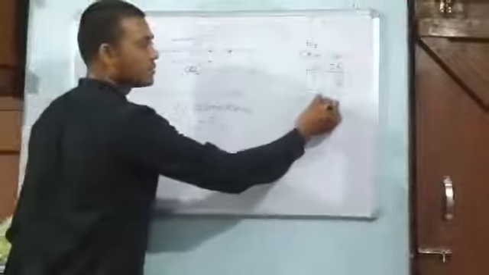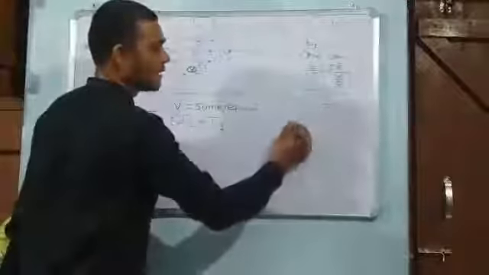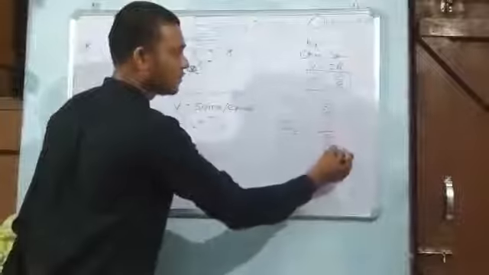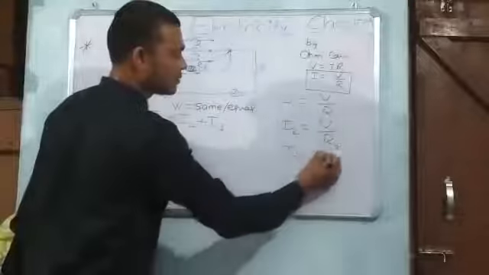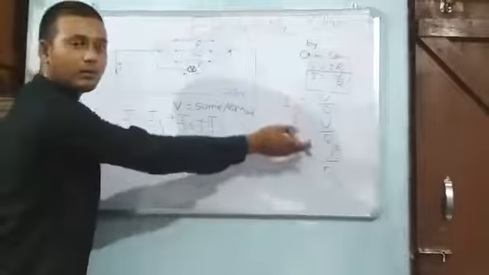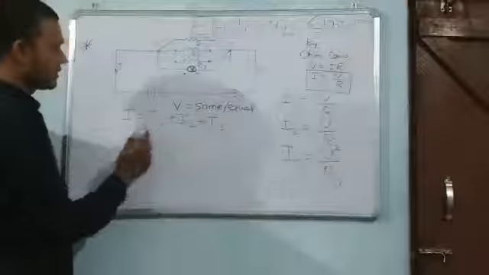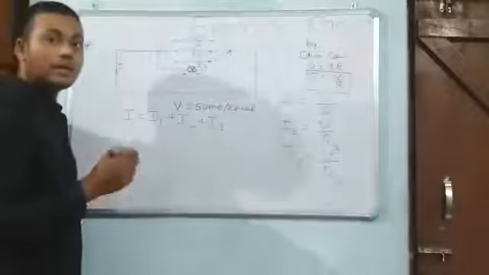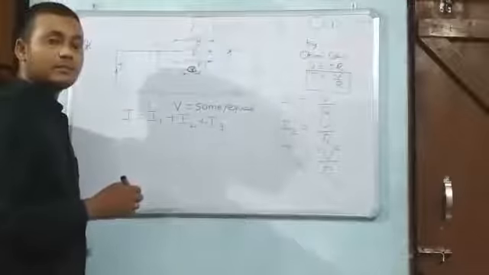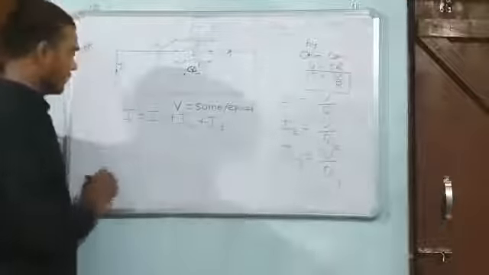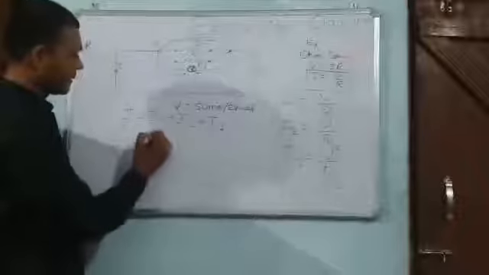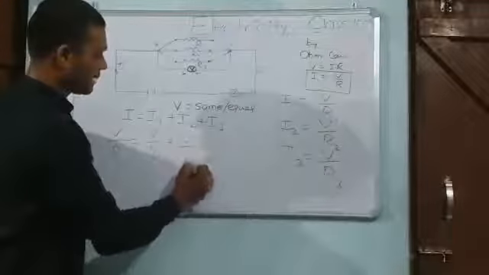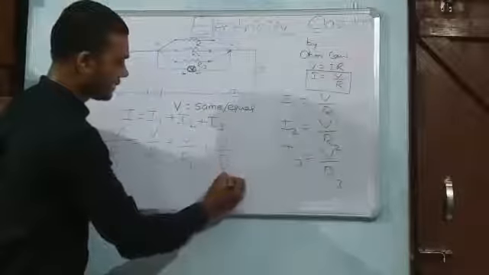Okay, we know that I is equal to V upon R. So I1 is equal to V upon R1, I2 is equal to V upon R2, I3 is equal to V upon R3. We need to put all the values of I1, I2, I3 in this equation and get the value of equivalent resistance when resistors are placed in parallel. So we know I equals V upon R equals V upon R1 plus V upon R2 plus V upon R3.